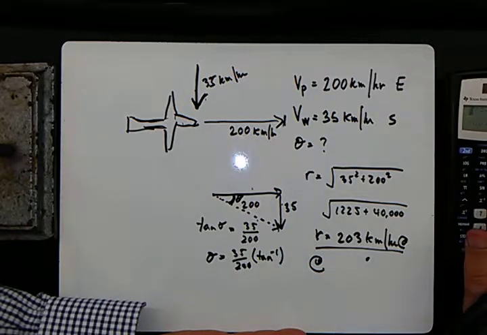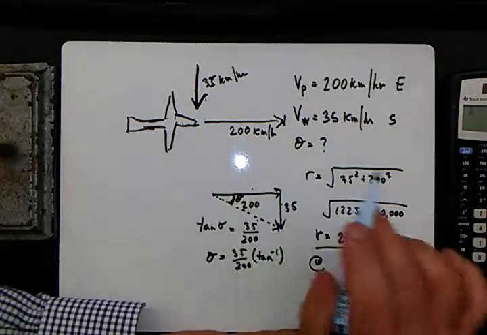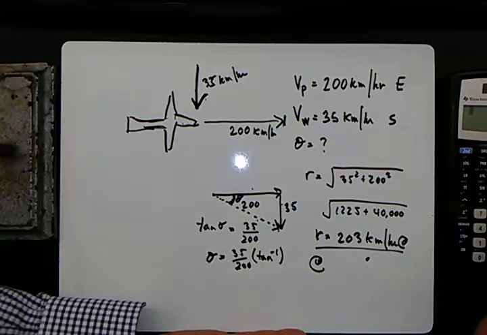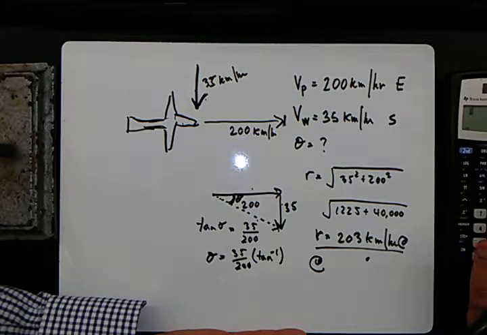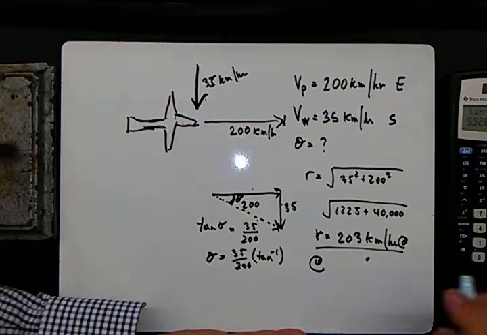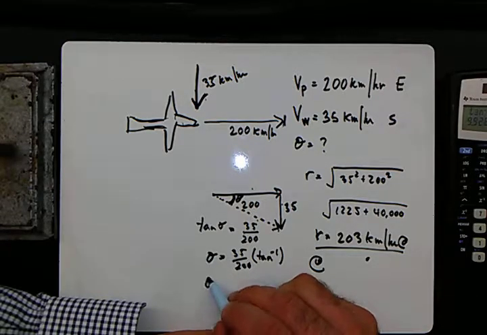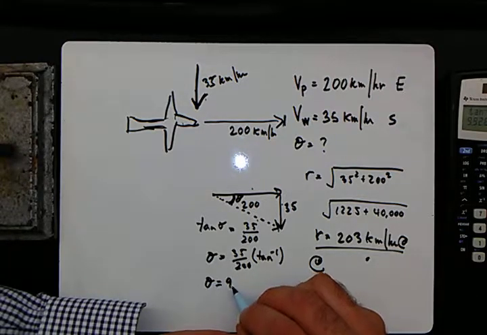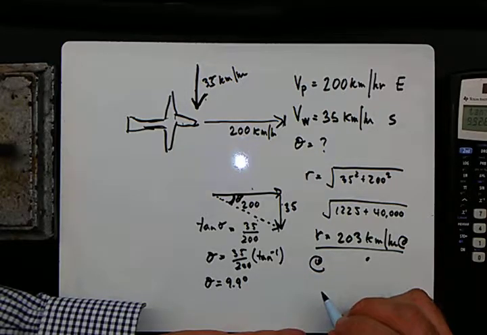I'm going to plug that into the calculator to get the angle at which the plane is being pushed off. The angle that I come up with is 9.9 degrees.